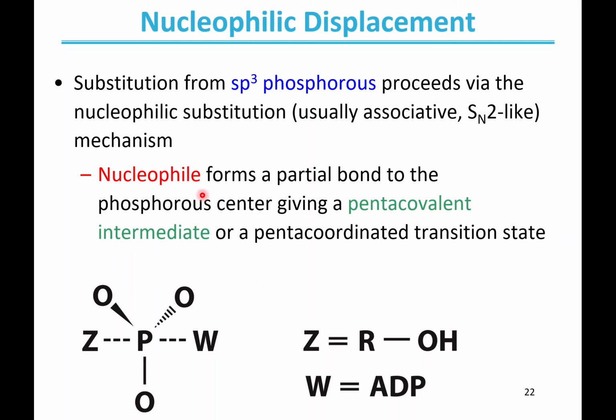So the nucleophile forms a partial bond to the phosphorus, giving an intermediate that is pentacovalent, right? So there are 5 groups in this intermediate around this phosphate group. In this case, Z is another OH group on the phosphate, and W now is something like ADP, where it's accepting that phosphate group.